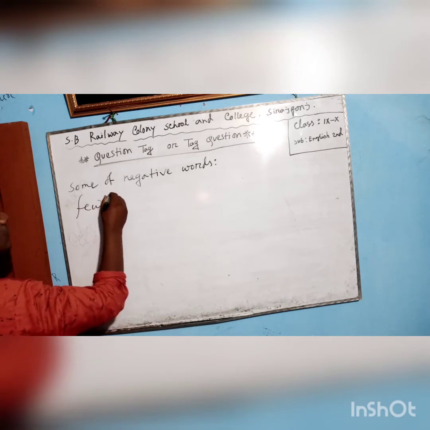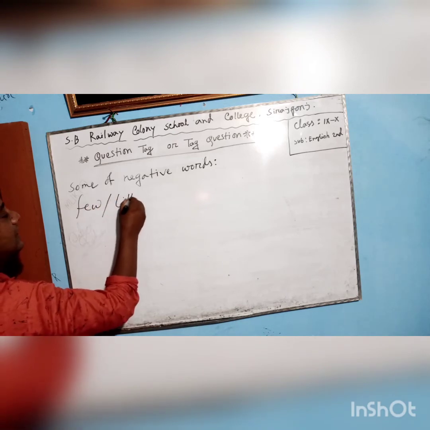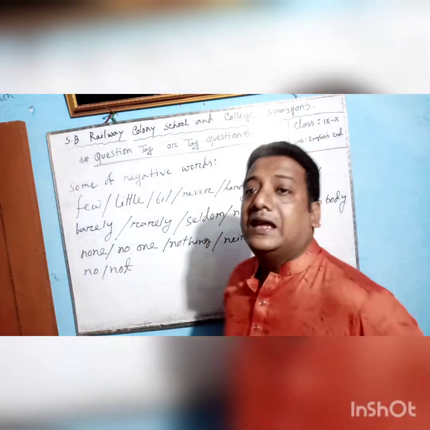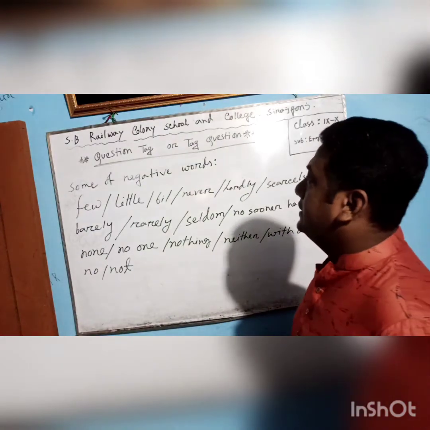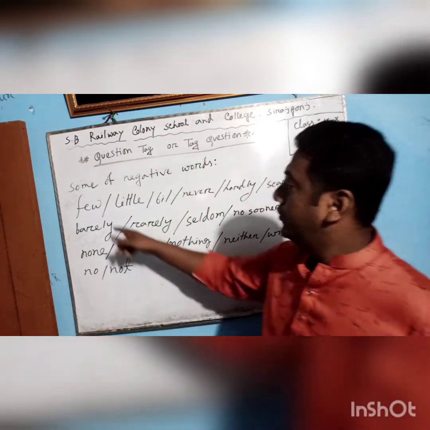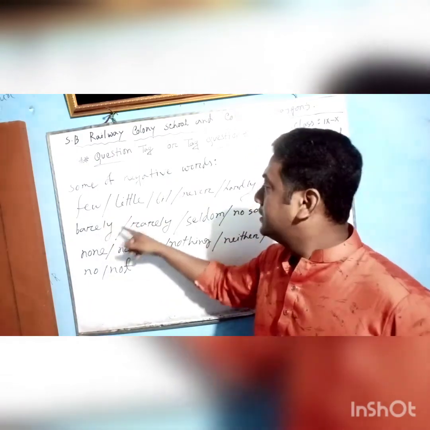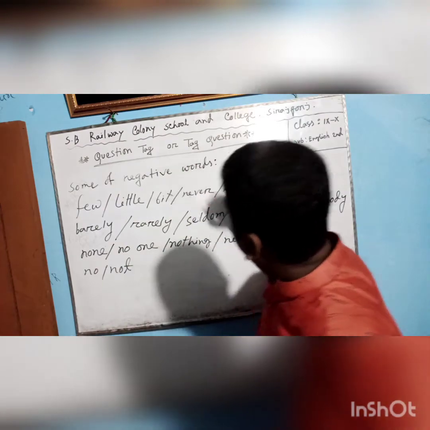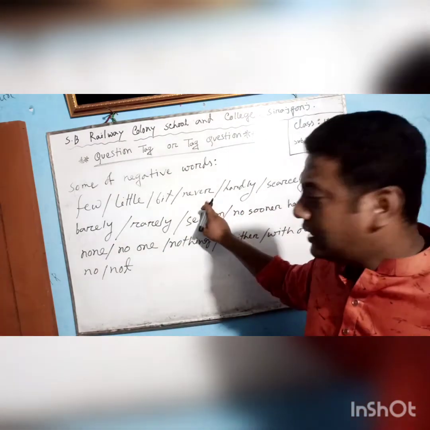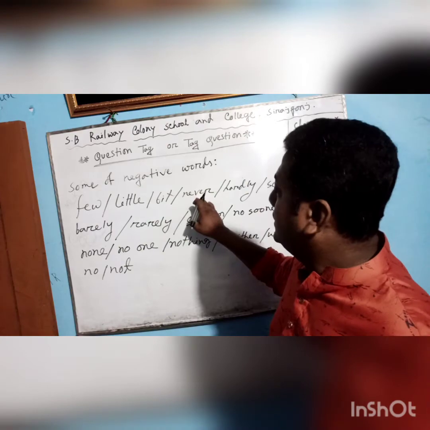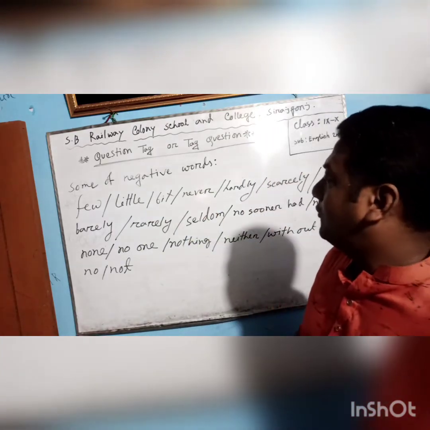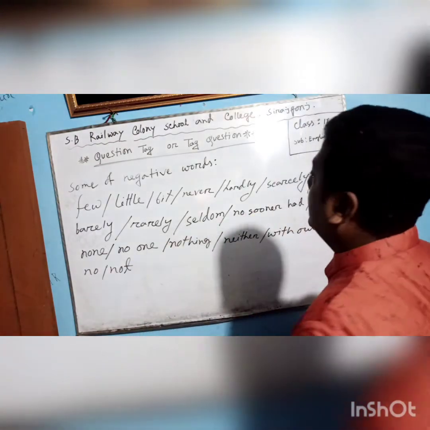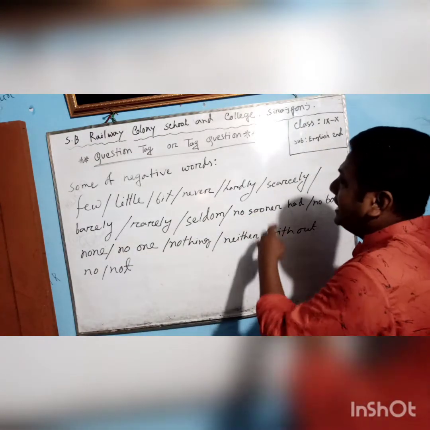Few, little. You can see some of the negative words. Few is a negative word. Little is also a negative word. Bit, never, no and not. These three words are easily identified as negative, but the rest of them are not easily identified.